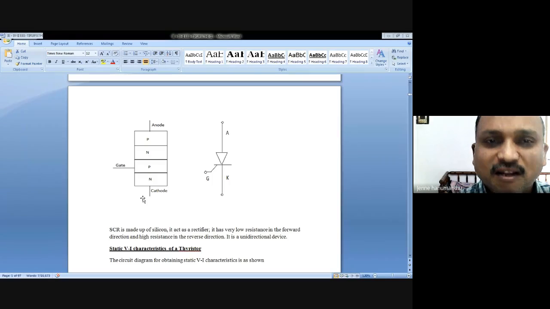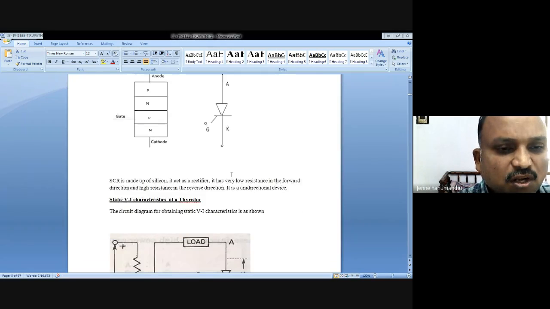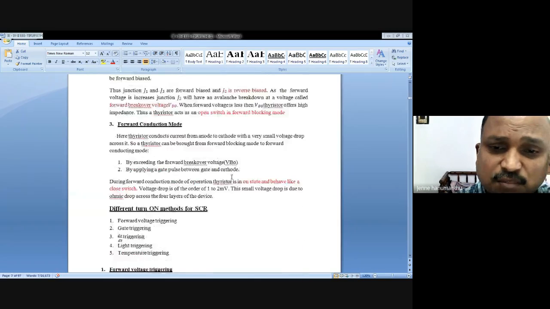So it acts as a switch, having two positions, on and off. The SCR is turned on in a number of ways, and for turning off we also have other ways. The main application of this SCR is that it acts as a good electrical switch. These are all covered in the last class. I don't want to recall them again.